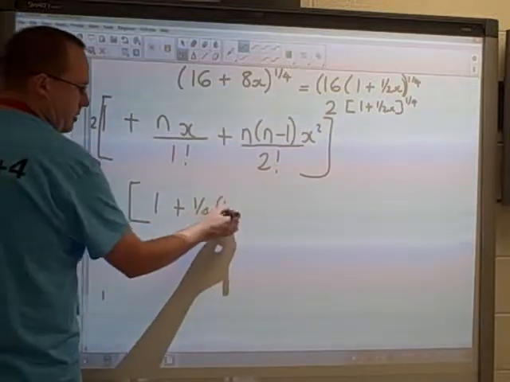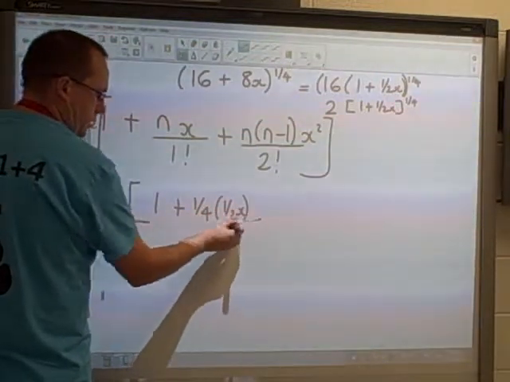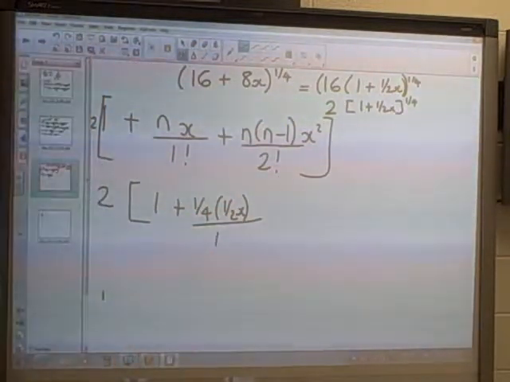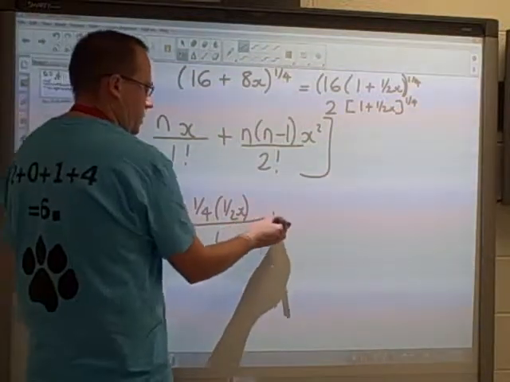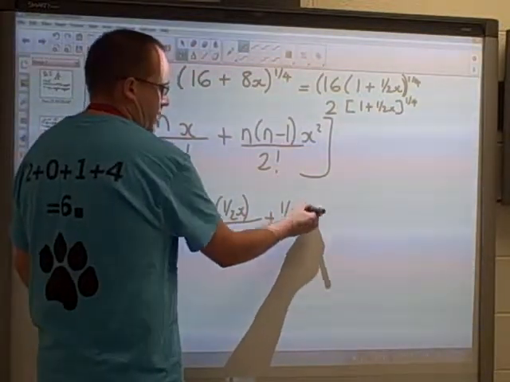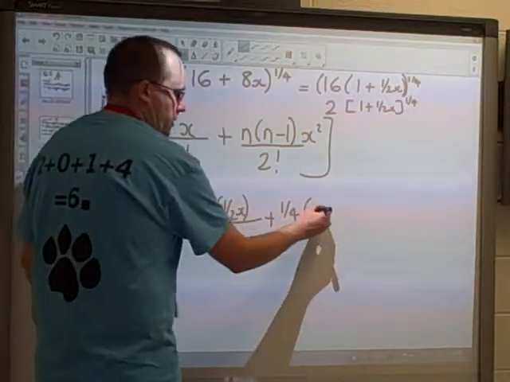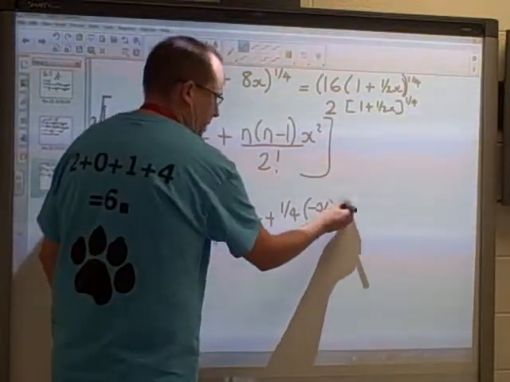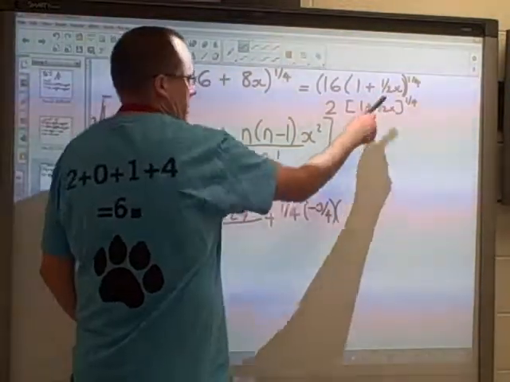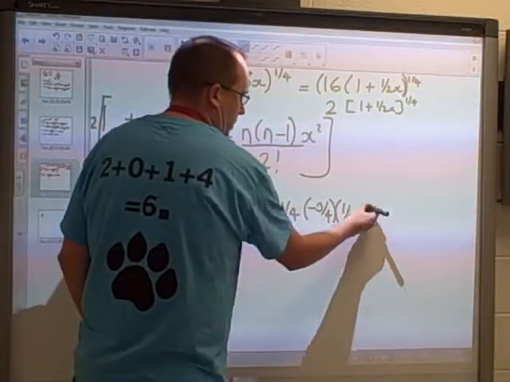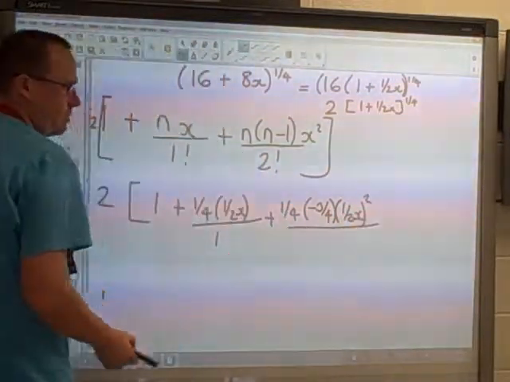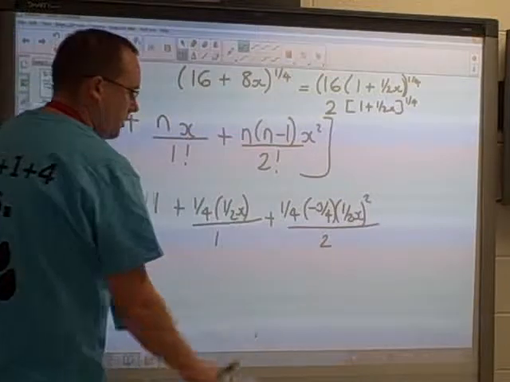Instead of x, this time we have a 1/2 x divided by 1 factorial, which is 1. And for this one, we've got n minus 1, so 1/4 minus 1 is negative 3/4, times by x squared, but this time it's actually a 1/2 x, all squared, all divided by 2 factorial, which is 2.